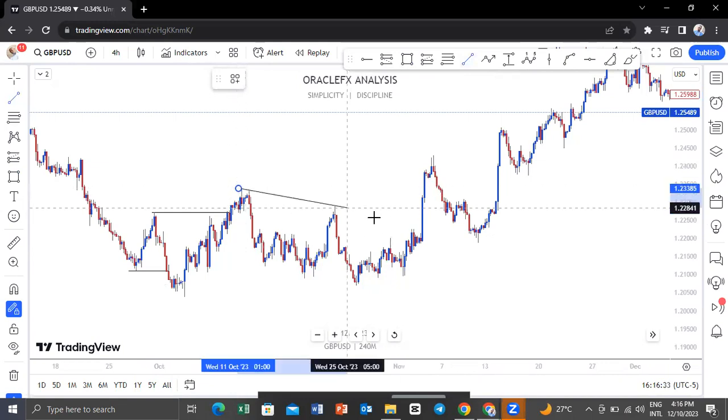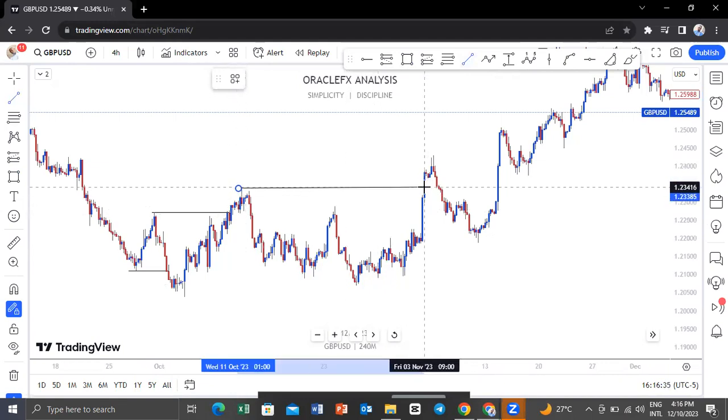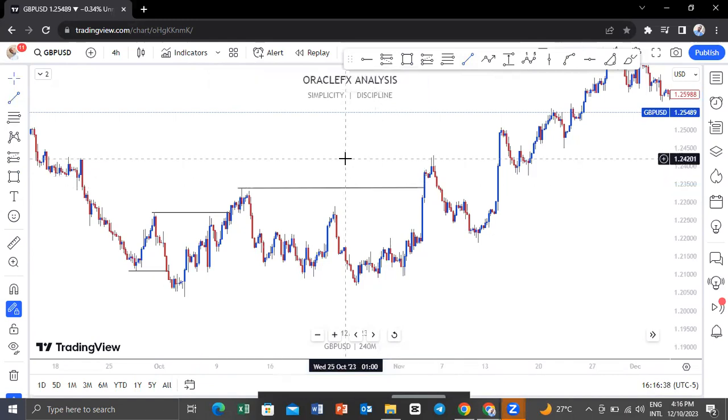It was when the new high was created. So everything inside of here is just internal structure, which I told you about.